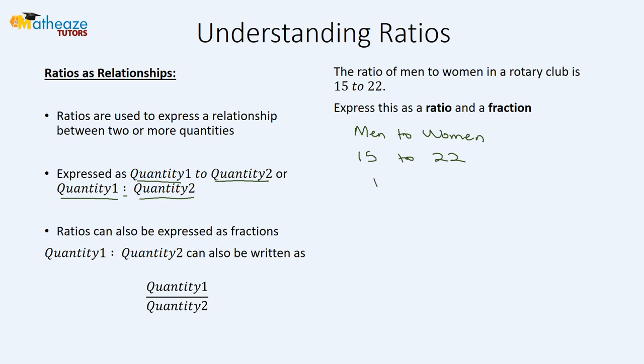Another way of writing that is 15 colon 22. And we're going to express this as a fraction. It is going to be men to women, which is 15 to 22. So this is 15 over 22, the same as the ratio expressed above.